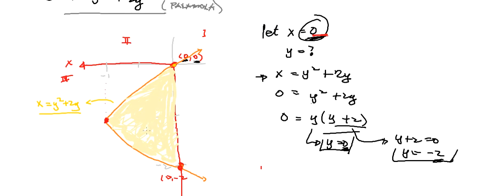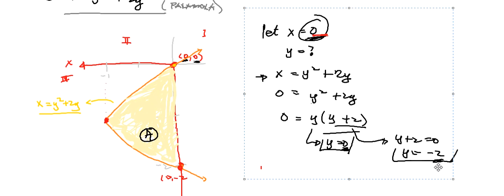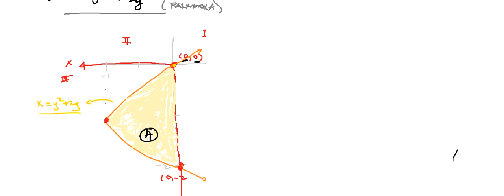Okay, we need to find this area. So after graphing and sketching what we need, we need to select a strip to represent, say let's have a strip here.